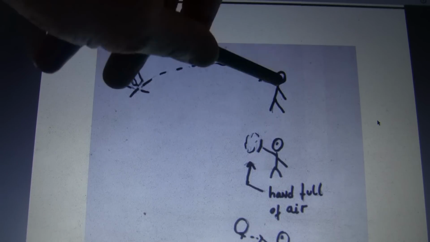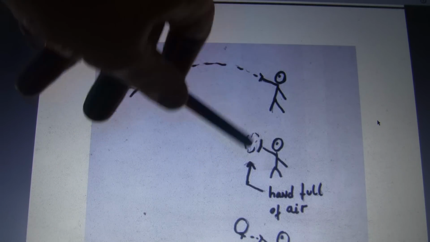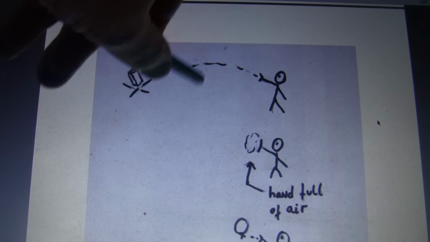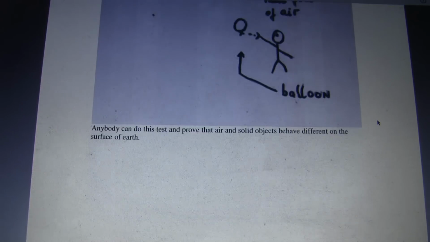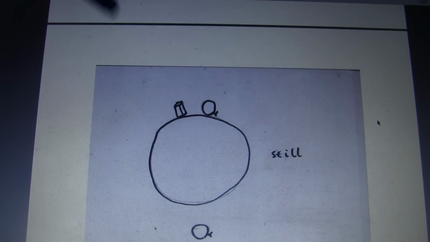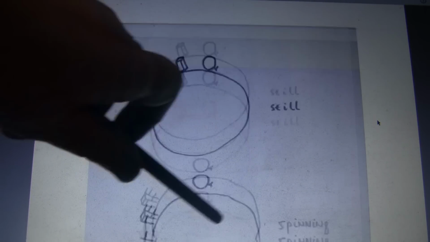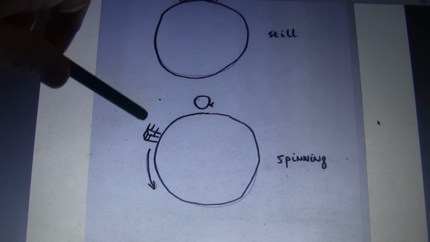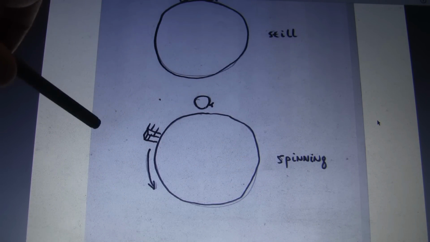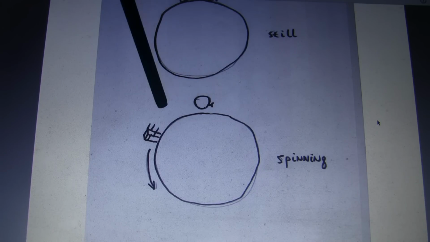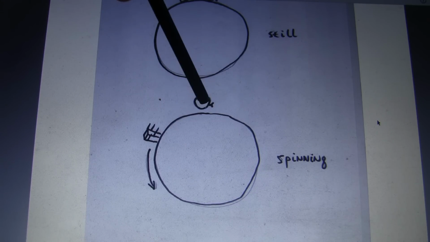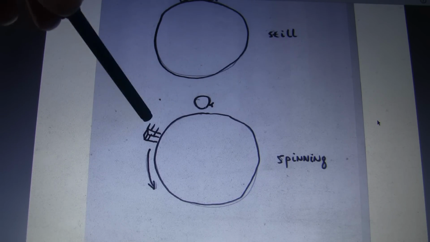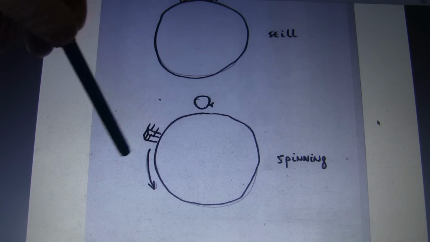So if you throw a brick or you try to throw air, you apply force to these things. And the Earth, of course, does the same thing. When it spins, it applies force. And then the effect of this force is different because air has almost no mass, and solid objects on Earth have a lot of mass.